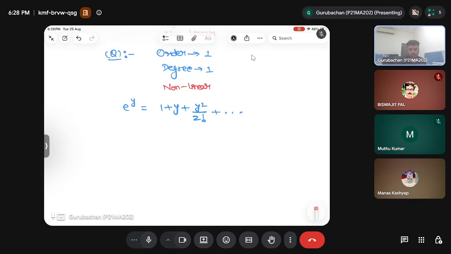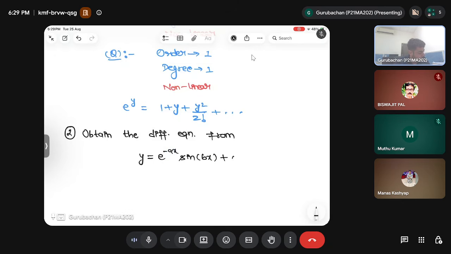Okay, now how to formulate this differential equation? Obtain the differential equation from y is equal to e to the power minus ax times sine bx plus cos bx.